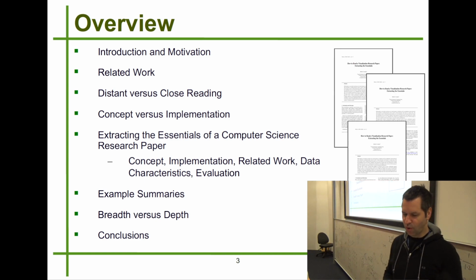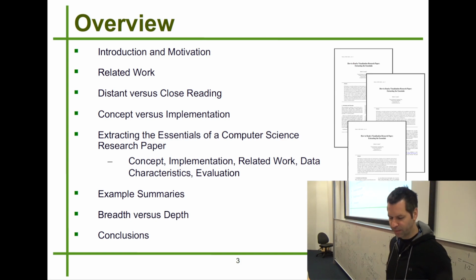So this is just an overview. Actually, we're not going to talk about related work. We're going to introduce this concept of distance and close reading, and then we're going to talk about concept versus implementation and how we use concept versus implementation to extract the essentials of a computer science research paper.